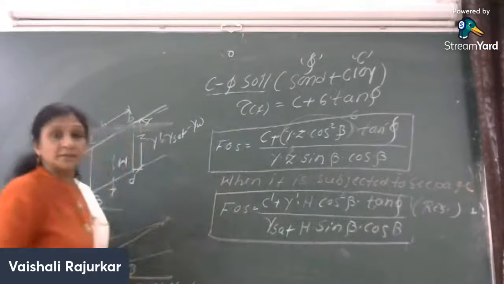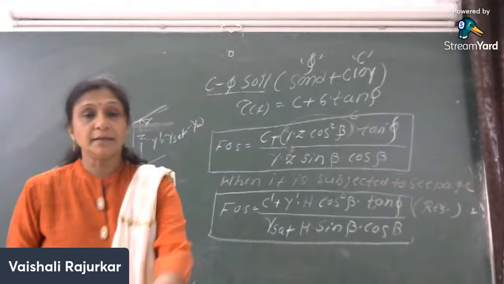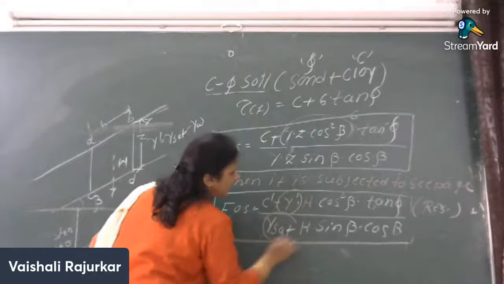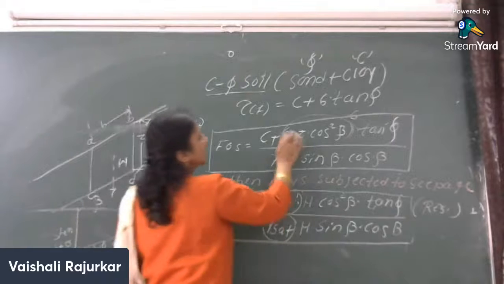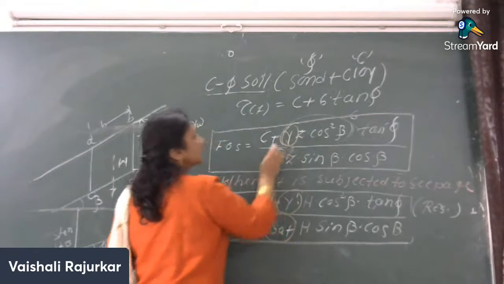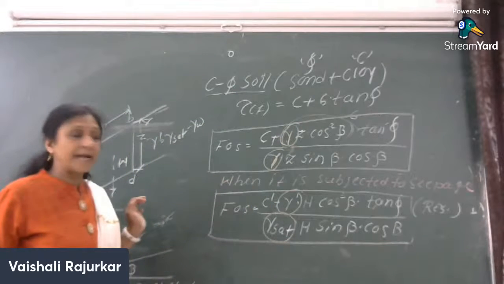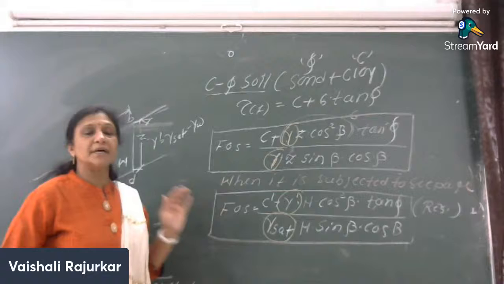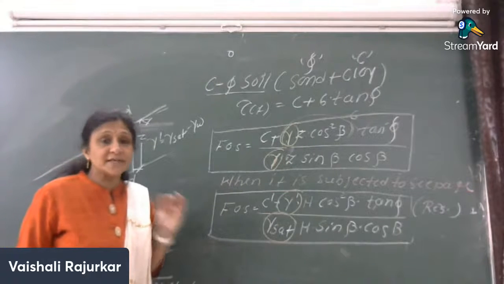Just remember, the most important parameter is the density parameter. You just observe the density parameter. Here this density is the same when it is in a dry condition, but when it is in a submerged condition it is assumed to be the worst condition.